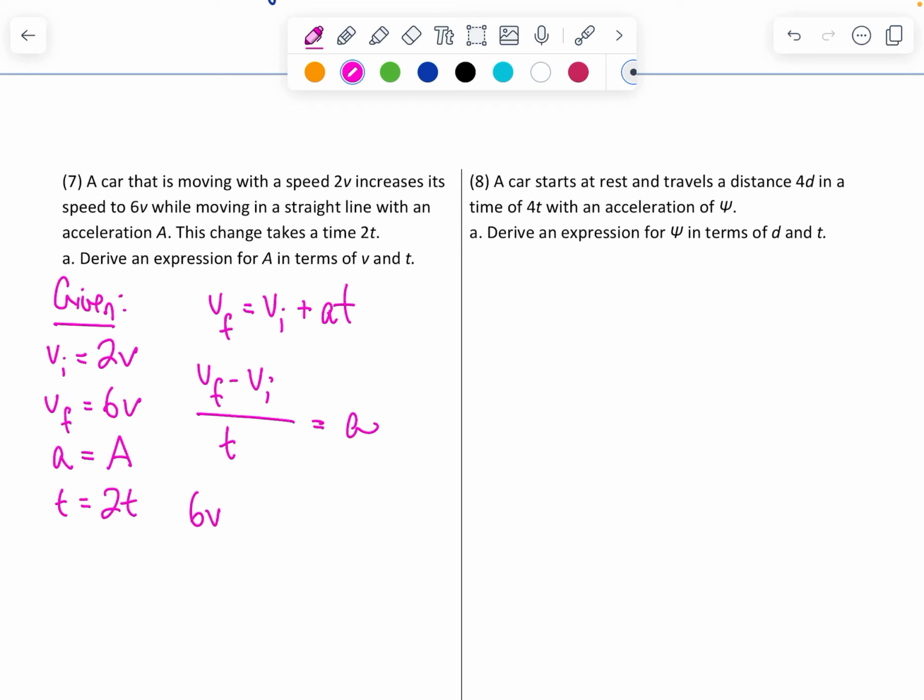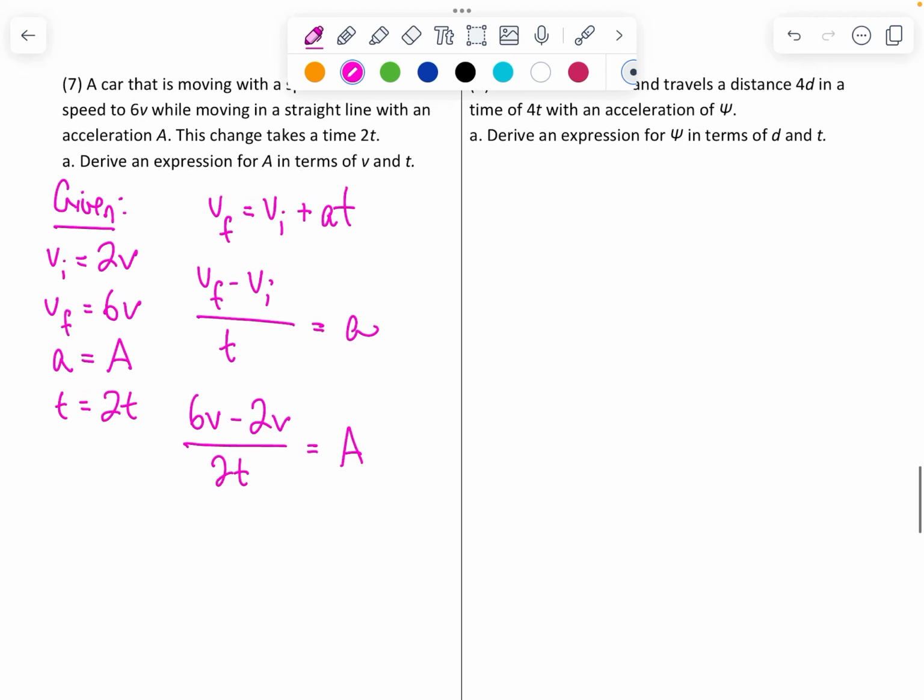Now I'm going to go ahead and plug in what I have. So 6v minus 2v over 2t equals a. 6 minus 2 is 4. So technically you could box it there. That's true.